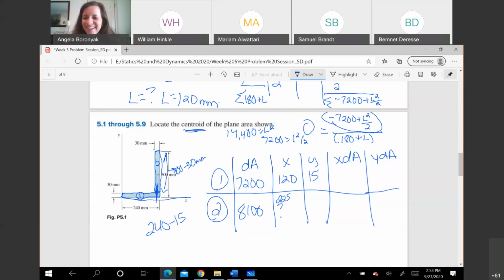So how do we get y bar here for part 2? Well, I started part 2 at the top of this, so that was 30 up from where y was 0, right, at that x-axis.